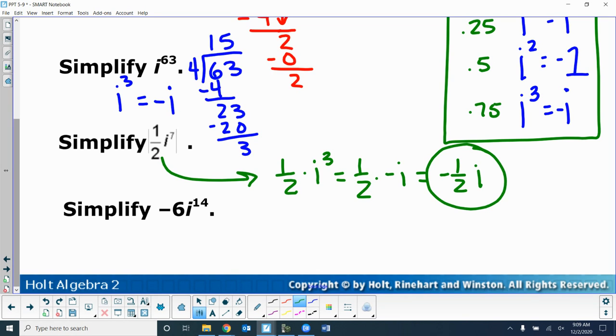Yeah, you're right. What's that equal? That's that number, right?